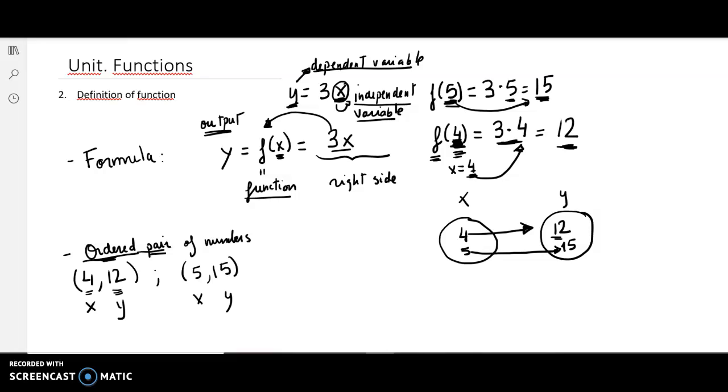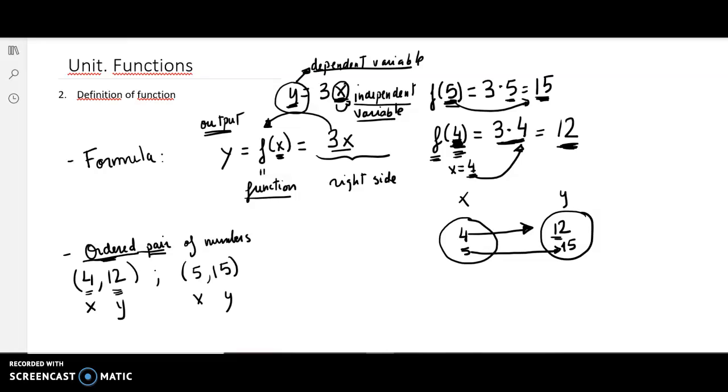If I put a different number, 4, this operation produces a different solution. So the y is called dependent variable because it depends on the number that you put in the independent variable. Okay, good. We continue with the ordered pair of numbers.